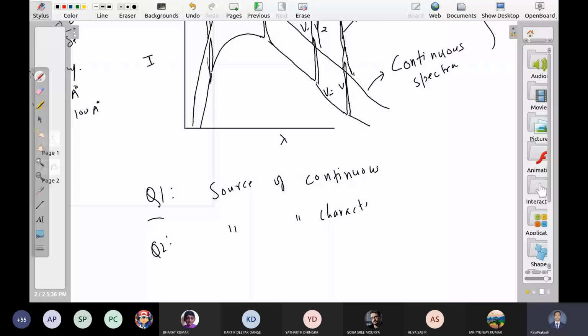So let us discuss these two things one by one. And in order to understand this behavior, ये behavior को समझने के लिए, we need to know what is going on when electron hit this target. क्या होता है जब इलेक्ट्रॉन इस टारगेट को हिट कर रहे हैं?